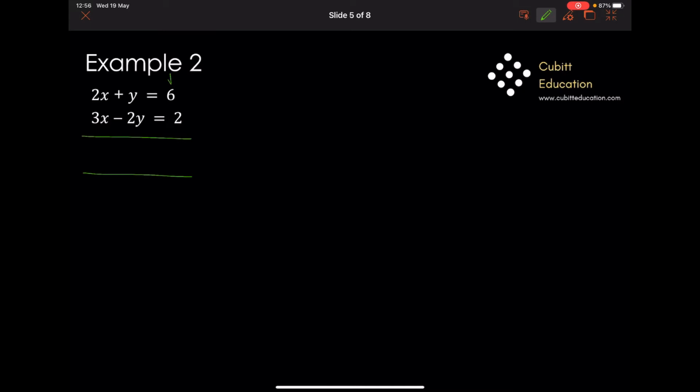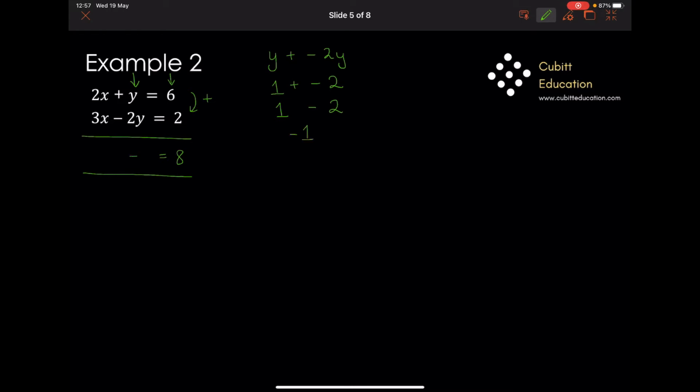So 6 add 2 is 8. Here we have y plus, we're adding, remember, y plus minus 2y. That's like saying 1 plus minus 2, which becomes 1 minus 2. 1 take away 2 becomes minus 1.